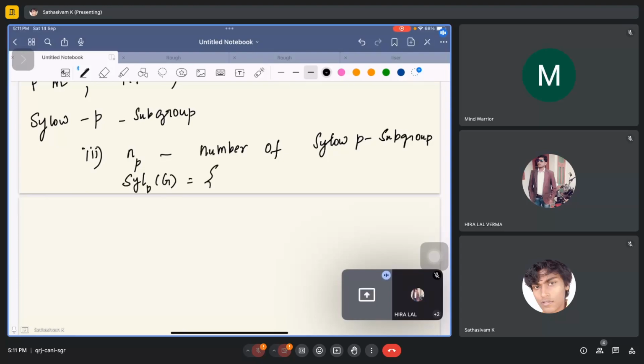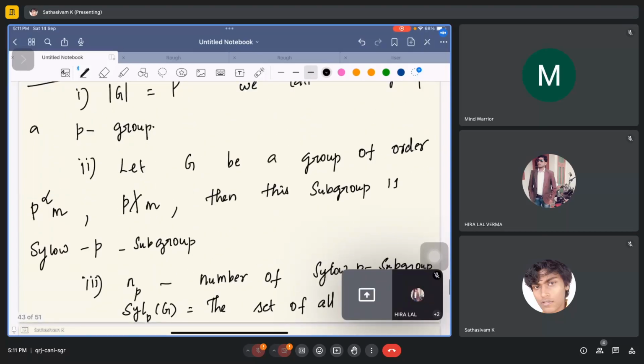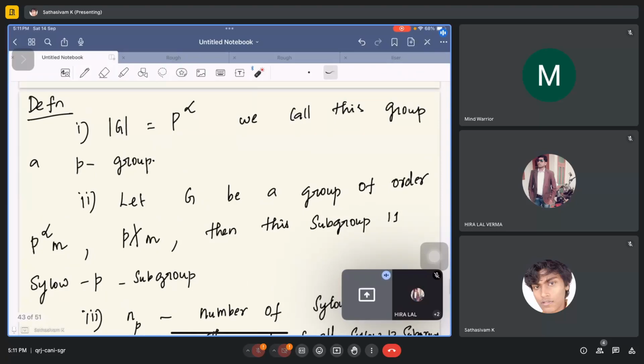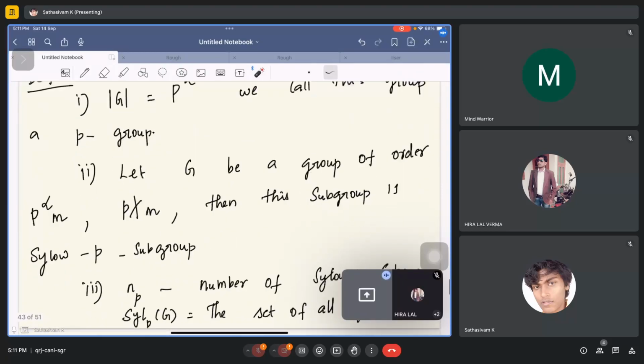This is the set of all the Sylow p-subgroups. It's just a notation. Okay. So the Sylow theorems deal with this particular kind of groups.